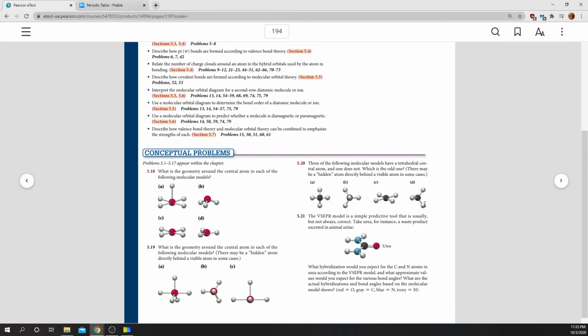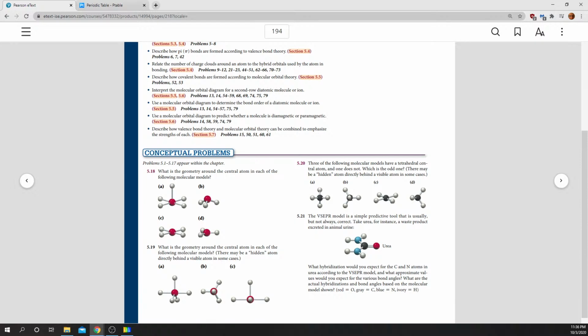3 of the following molecular models have a tetrahedral central atom, and 1 does not. Which is the odd one? There may be a hidden atom directly behind a visible atom in some cases. A is tetrahedral. It's hard to see on the video probably, but there's an angle to the bonds. This one is also tetrahedral.